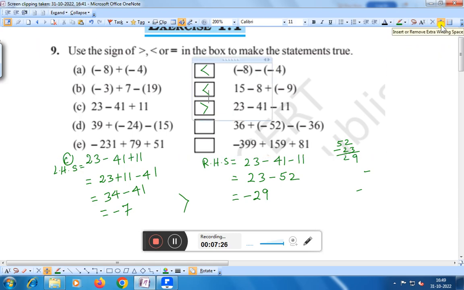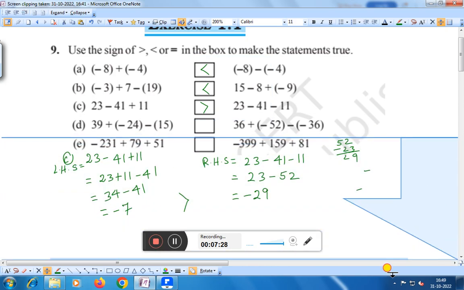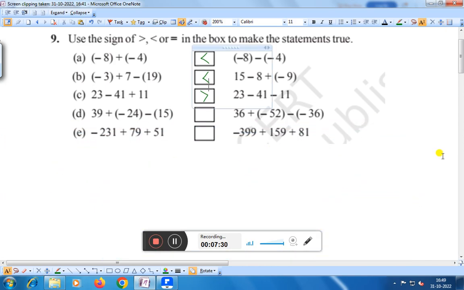Question number D, left hand side is equal to 39 plus minus of 24 minus 15.